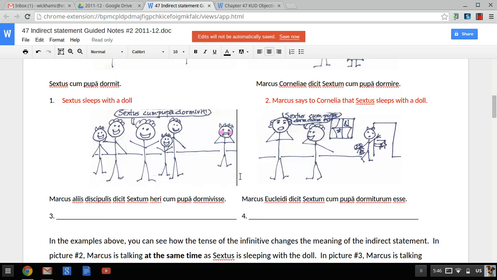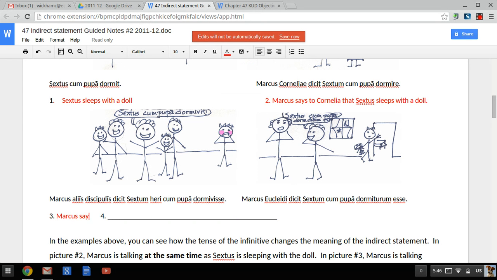All right, now is where we get into the new forms of infinitive that we haven't really dealt with before. Not all of them, but some of them. So here we have Marcus aliis discipulis dicit, Sextum heri cum pupa dormivisse. So here this would be translated how?